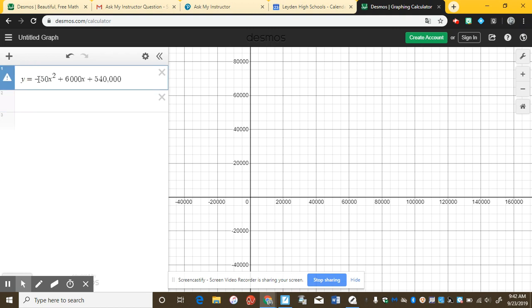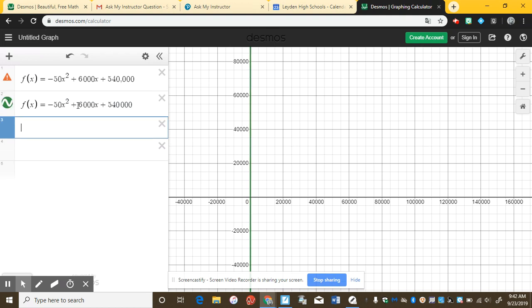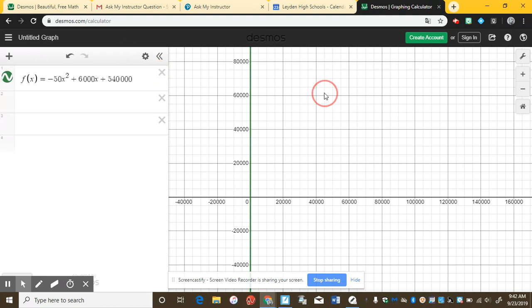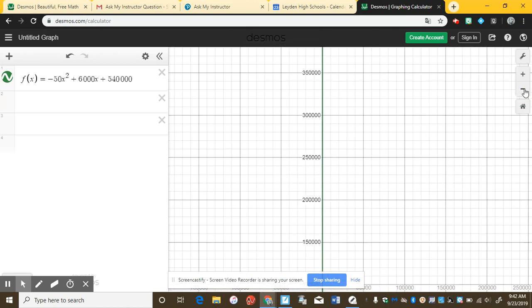I'm not writing a point, I'm writing a function. Oh, that's what it is. Duh. Can't use a comma in here. Sorry about that. Now we could scroll all the way up here or zoom out.